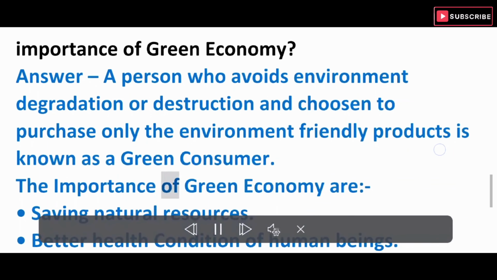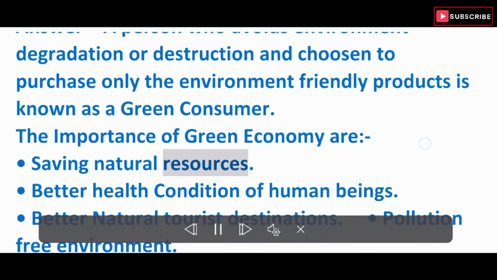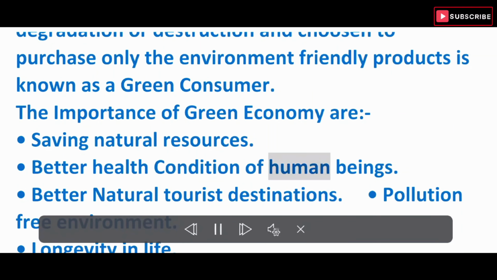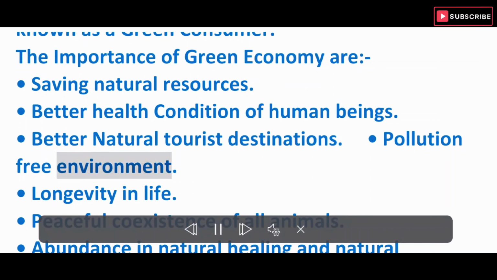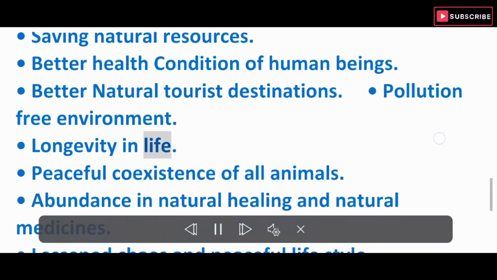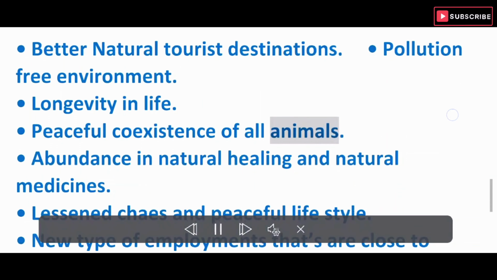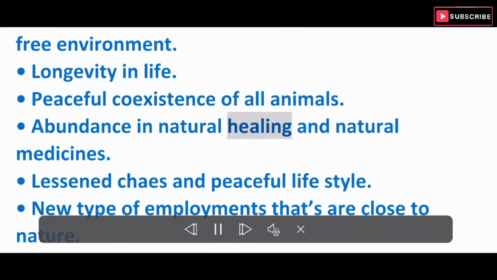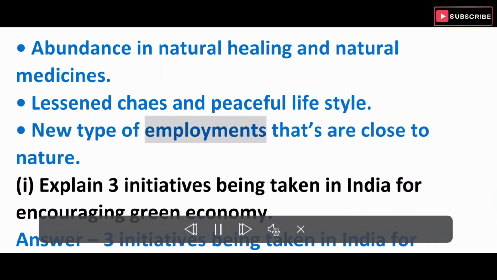The importance of green economy are: saving natural resources, better health condition of human beings, better natural tourist destinations, pollution-free environment, longevity in life, peaceful coexistence of all animals, abundance in natural healing and natural medicines, lessened chase and peaceful lifestyle, new type of employments that are close to nature.